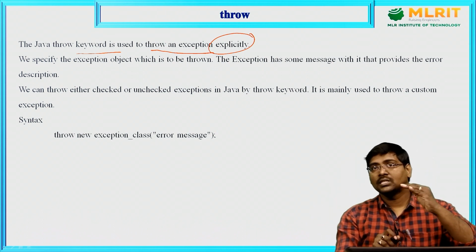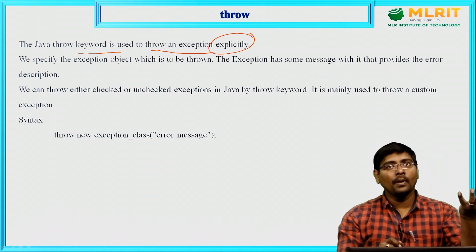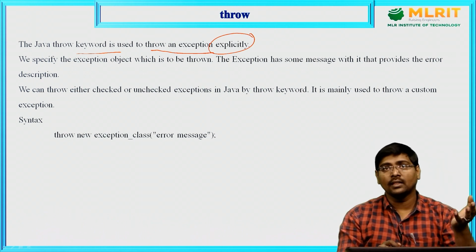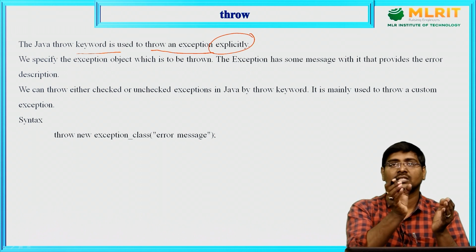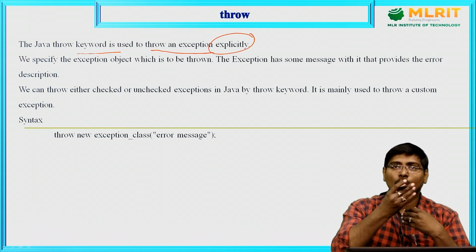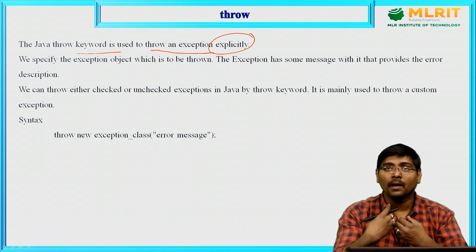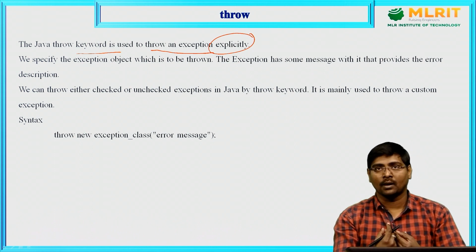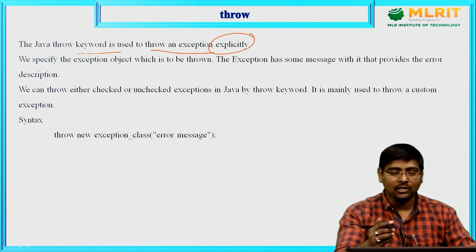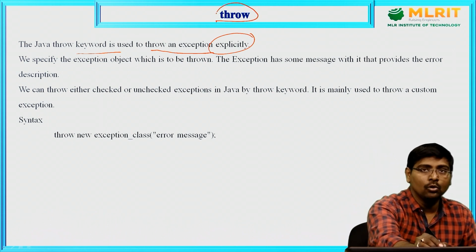That process is done automatically. You are not doing anything. Suppose in some cases you want to throw an exception explicitly, that is manually by the programmer, in those situations you move to throw.